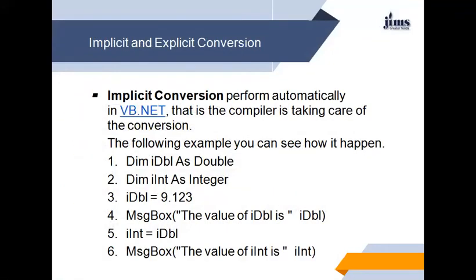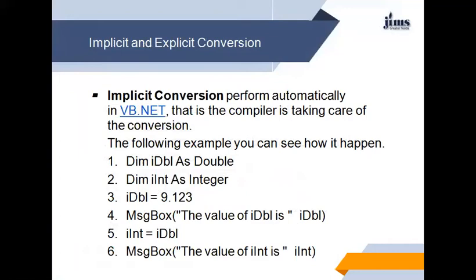Now we will see implicit and explicit conversion. Implicit conversion is performed automatically in VB.NET, that is, the compiler takes care of the conversion. If you are converting from a larger data type to a lower data type, it is converted by the compiler itself, and this is called implicit conversion. In this case we are converting a Double data type to Integer.